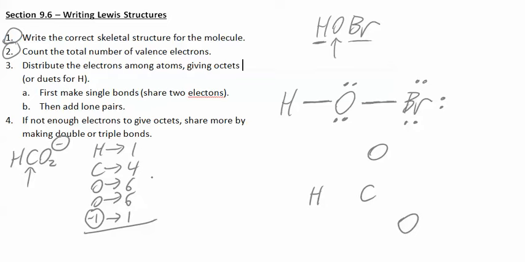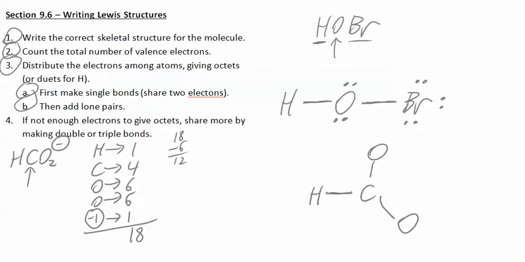So that is going to give us a total of 5, 11, 17, 18 electrons for this molecule. We're going to distribute them among the atoms, trying to give everybody an octet or a duet for H. First, we make single bonds, 2, 4, 6. So out of our 18, we've used up 6. We have 12 left.